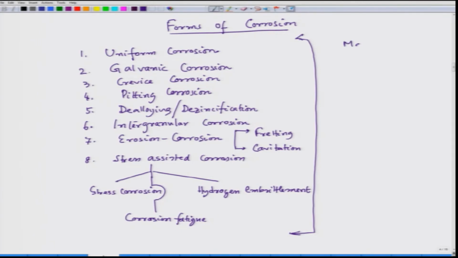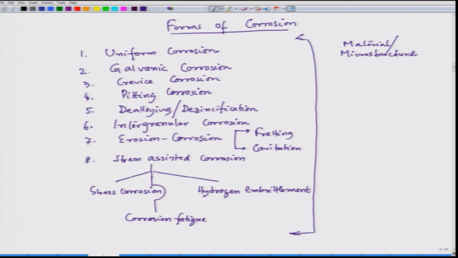One is materials, definitely. When I talk about material, if I consider these forms on a particular material, the material composition is fixed. So at that time we talk about microstructure, since we are fixing the composition.